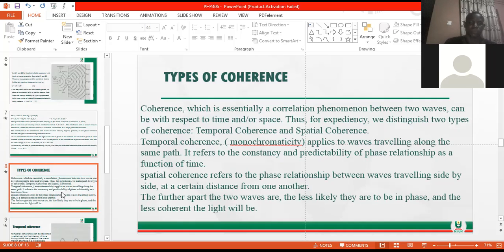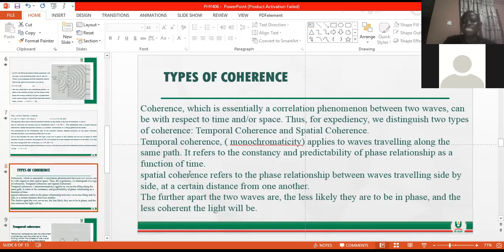It refers to the constancy and predictability of phase relationship as a function of time. Temporal coherence deals with time, or a phase difference.